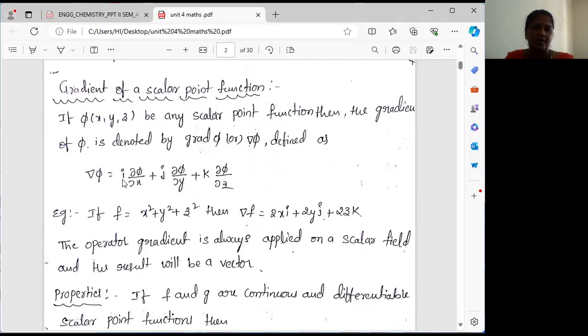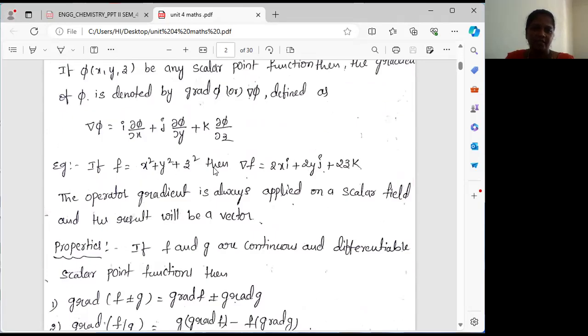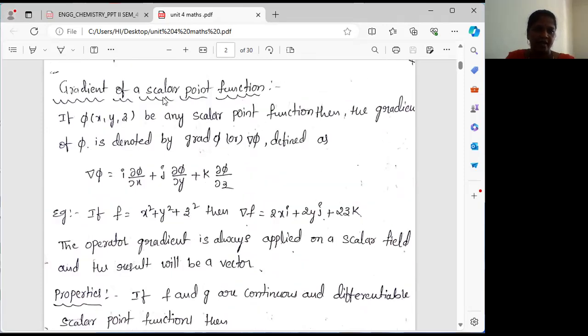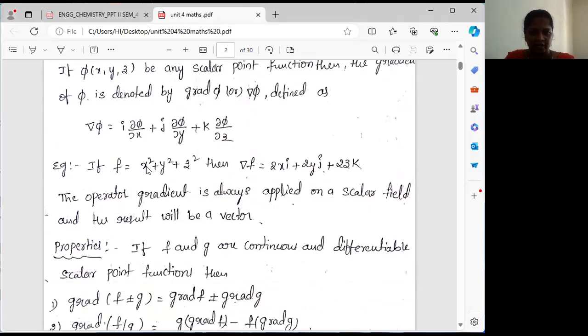For example, if f equals x square plus y square plus z square, which is a scalar, we apply the gradient only on a scalar point function. Then del f equals i dou f by dou x plus j dou f by dou y plus k dou f by dou z.